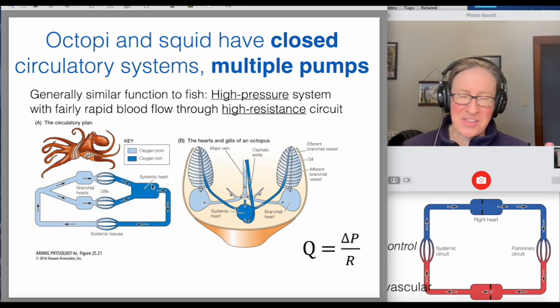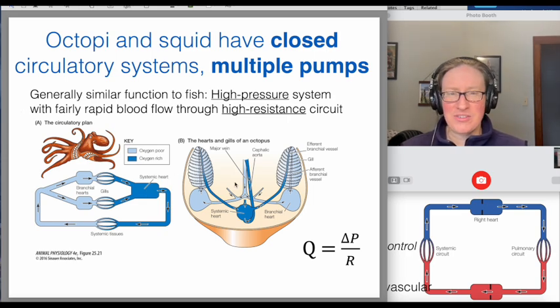And so that can facilitate pretty rapid blood flow through a pretty high-resistance circuit. I'm not going to elaborate on this too much, but here's this equation again, an alternate depiction for blood flow rate as related to pressure difference over resistance. So you can get rapid flow if you have a high pressure system, even if your system is also fairly high resistance. But then it's helpful to have more than one pump, particularly at points where you have vascular beds.